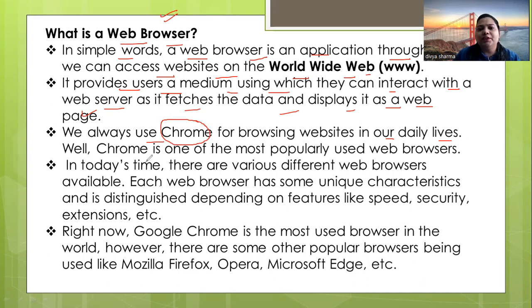The most commonly used web browser is Chrome, which is very popular. In today's time, there are various different web browsers available in the market. Each web browser has some unique characteristics and is distinguished depending upon features like speed, security, and extensions.